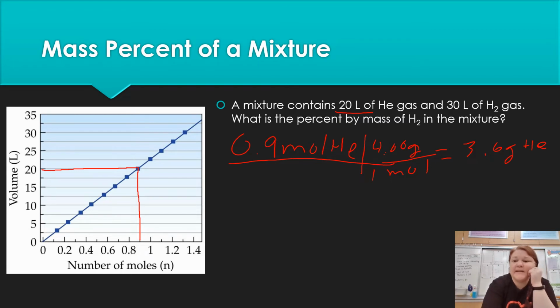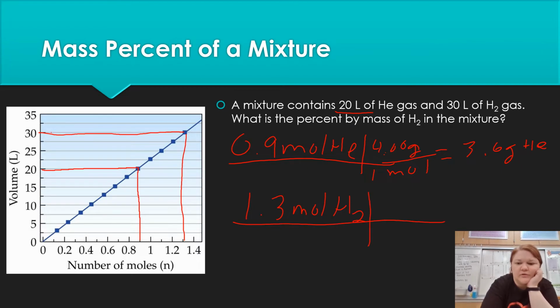Okay, we're going to do the same thing with our hydrogen. Maybe pause and see if you can determine your mass of hydrogen and do that calculation. All right, let's check it out, see what we got. So 30 liters, we go over, we go down. Best we can, that's going to be about 1.3, I think. Yeah. So 1.3 moles of hydrogen, H2.